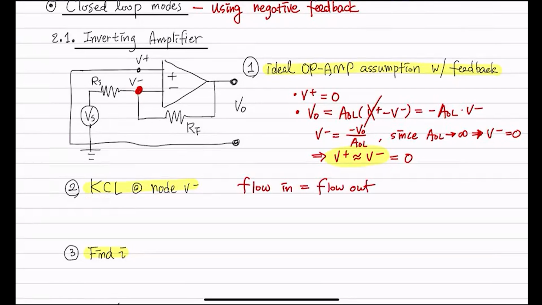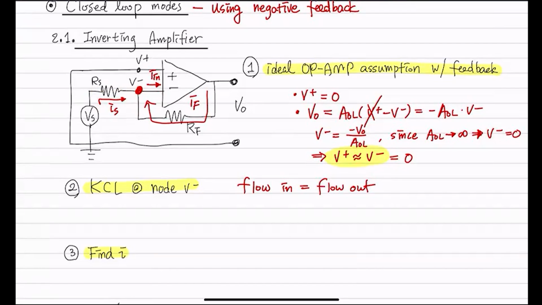So first we need to define the currents. For this node, we have 3 branches like that, right? So I would just call this IS because it's coming from the source. And this, I'll call it IN because that's the input current. And I'll call this guy IF.